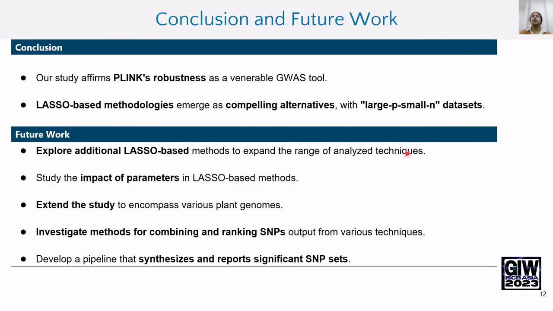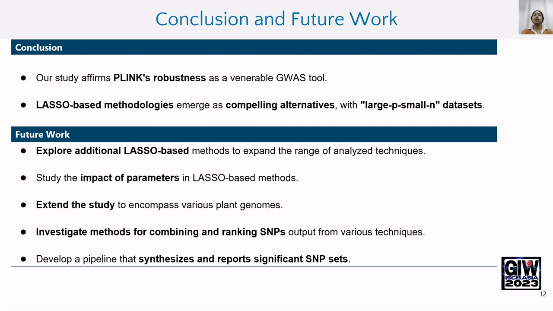Our study affirms Blink's robustness as a standard GWAS tool, providing a solid foundation for genetic analysis. Lasso-based methodologies emerge as compelling alternatives, particularly in scenarios with large p small n datasets. Their efficacy in identifying significant SNPs contributes to streamlined and insightful genetic research.